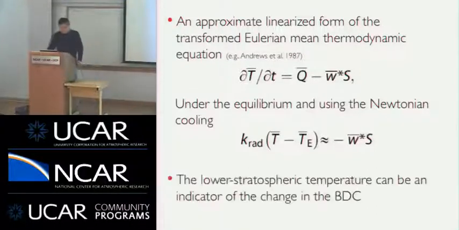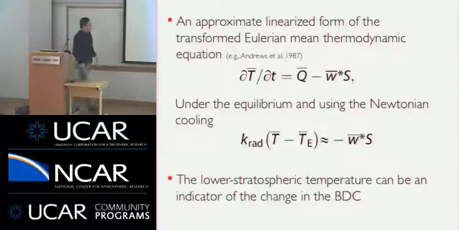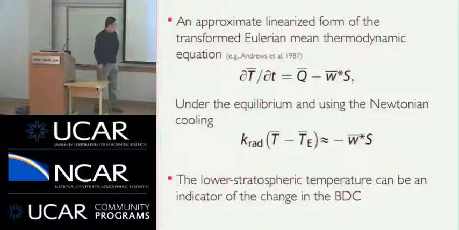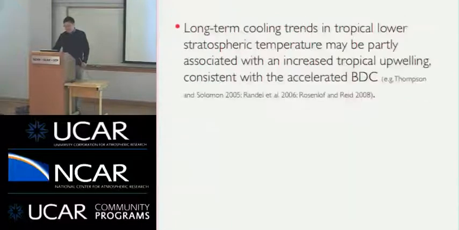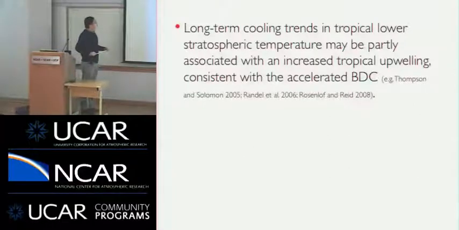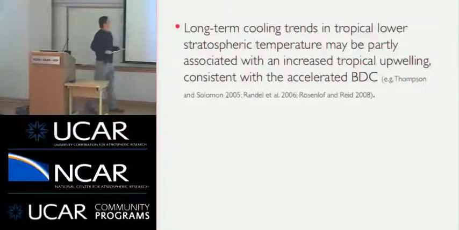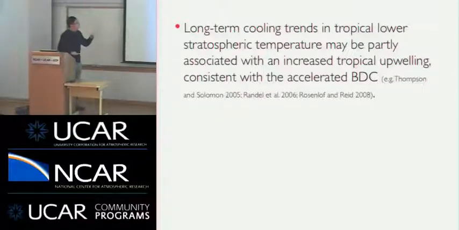My argument here is that lower stratospheric temperature could also be a useful indicator of changes in the Brewer-Dobson circulation. Many studies show that the long-term cooling trend in tropical lower stratospheric temperature may be partly associated with increased tropical upwelling, consistent with an accelerated Brewer-Dobson circulation.